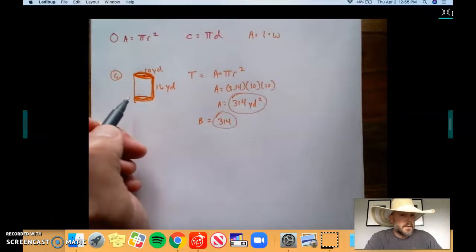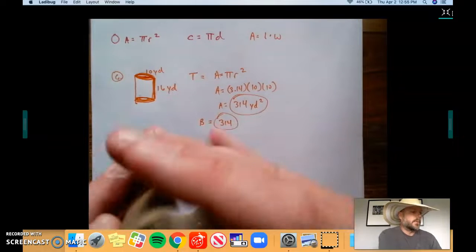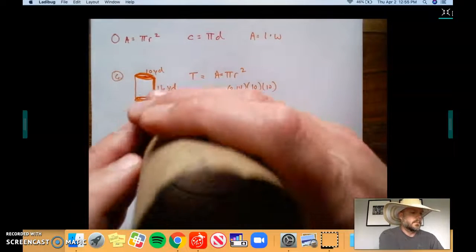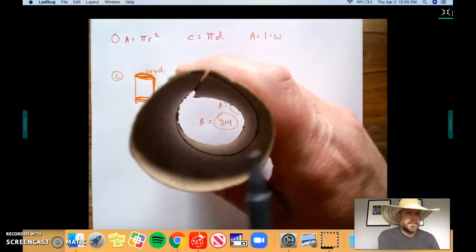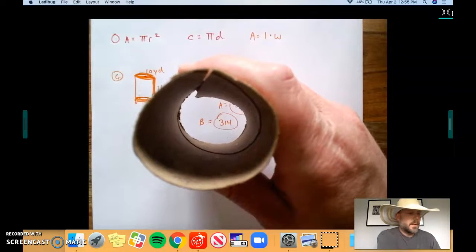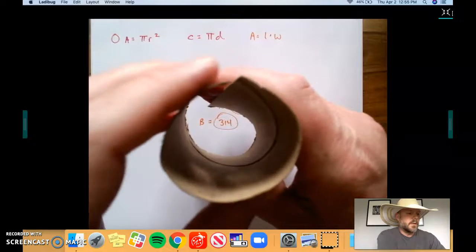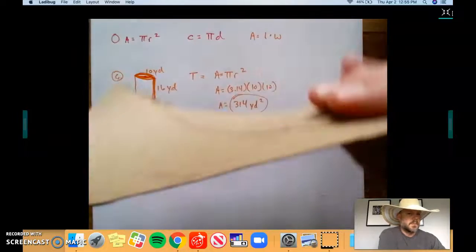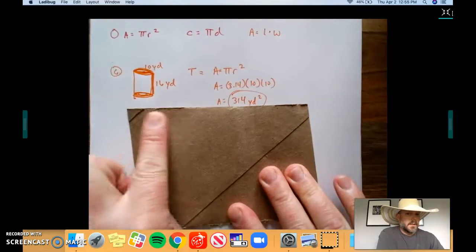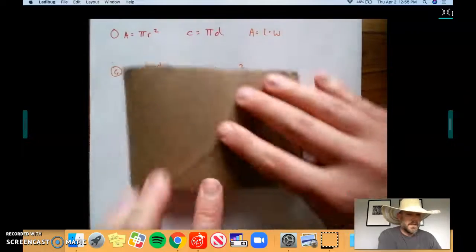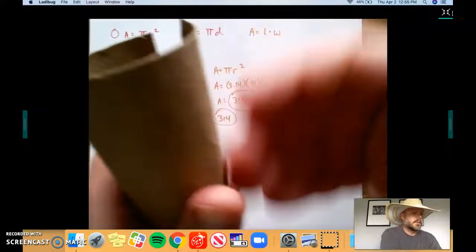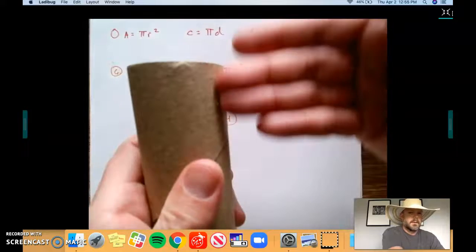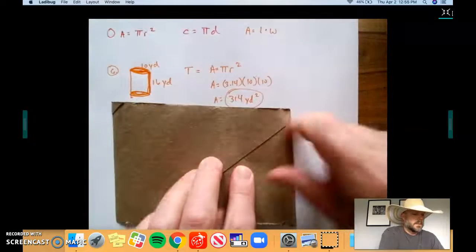Now with the cylinder, if you remember the toilet paper roll, this distance around the circle is the circumference. I cut it to show you that the circumference becomes the length, or the base, of the rectangle. And the height of the cylinder is the other dimension.